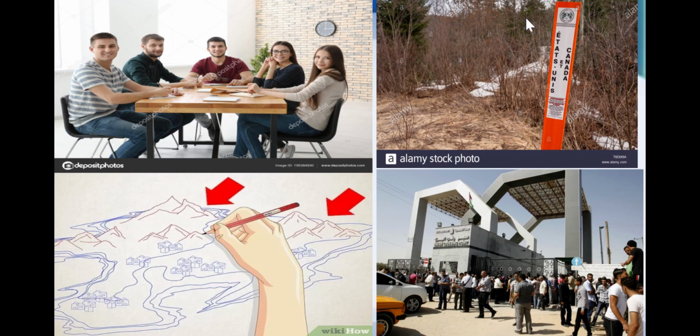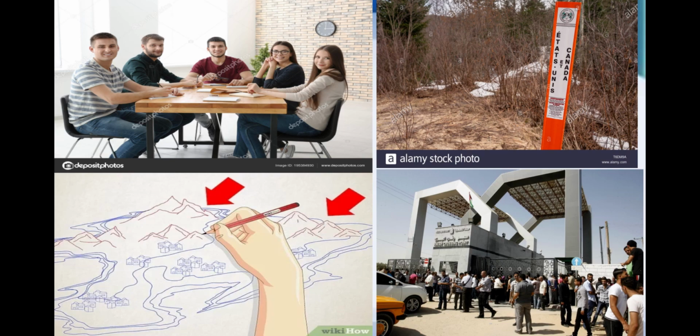In this first one, these people are hard at work drawing up the borders of new countries after a brutal civil war. The second one down here is the stage of delimitation, where the border is actually being drawn onto a map.